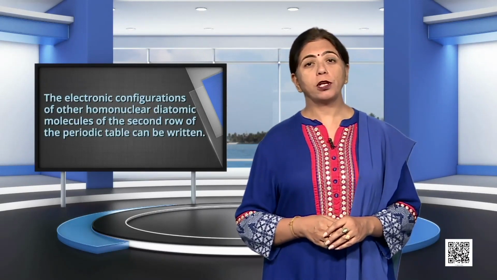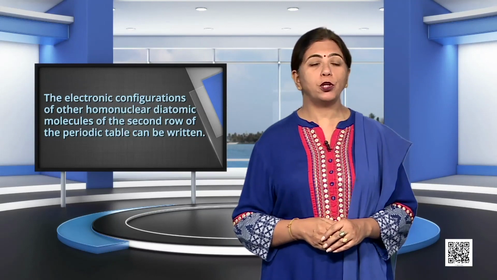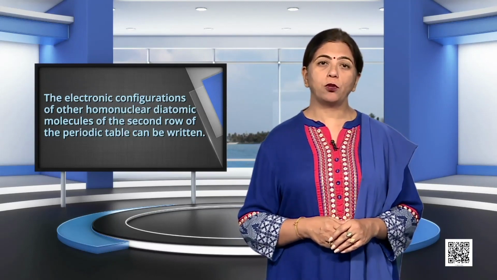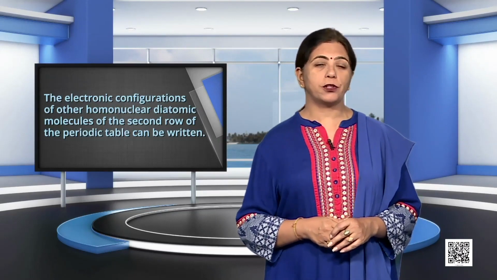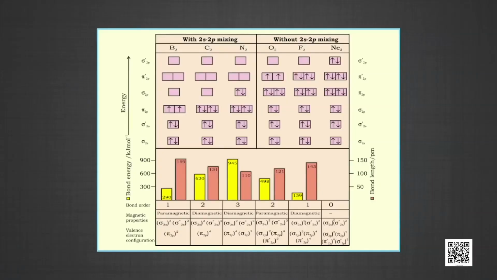Similarly, the electronic configuration of the other homonuclear diatomic molecules of the second row of the periodic table can be written. In the figure given below are the molecular orbital occupancy and molecular properties for boron molecule through neon molecule, where the sequence of the molecular orbitals and their electron population are shown.